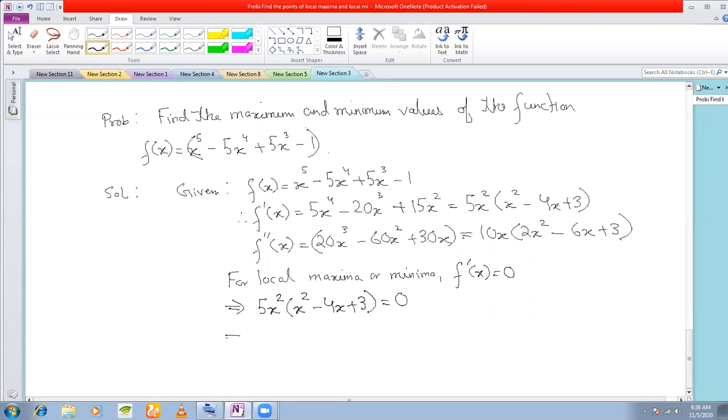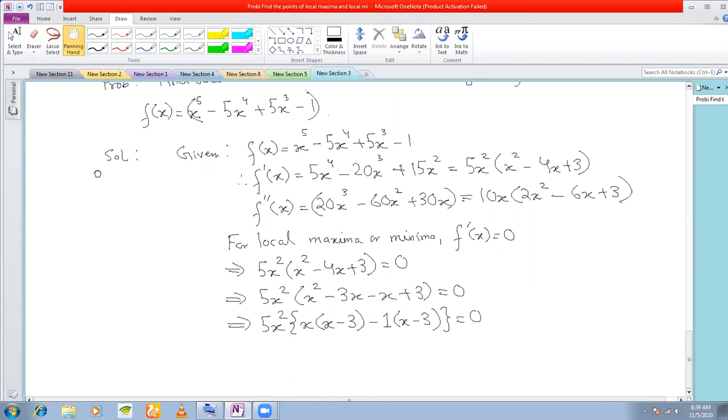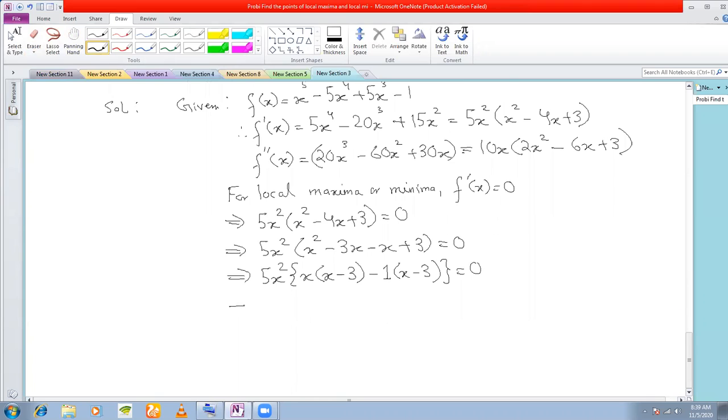Factorize the expression that you have inside, middle term factorization: minus 3x minus x plus 3. What do you ultimately get? 5x^2 times x into x minus 3 minus 1 into x minus 3. You get 5x^2 into x minus 3 into x minus 1.